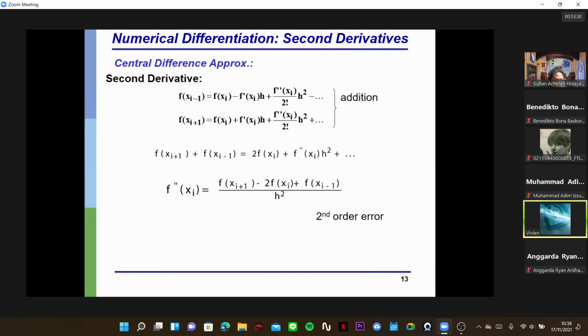With Euler's method, we have dy over dx equal to a function of x and y. So if we substitute dy over dx with (y_{i+1} minus y_i) over h, we can move h to the right-hand side, so that will be f(x_i, y_i) times h plus y_i.